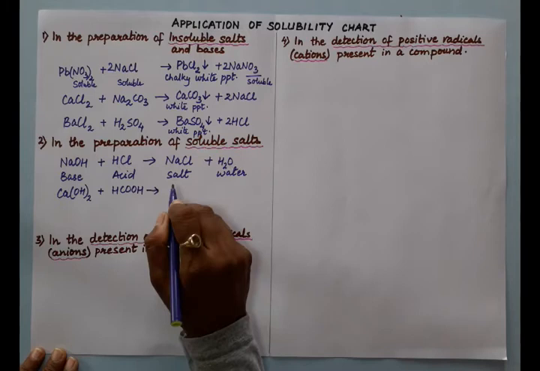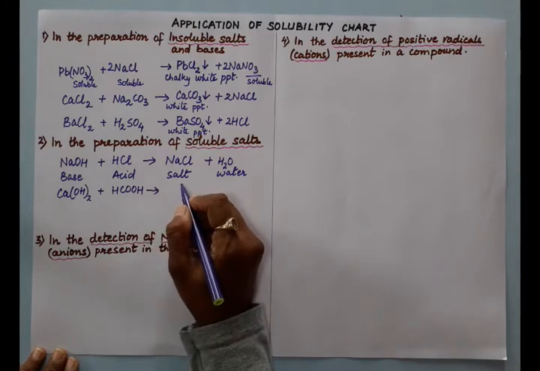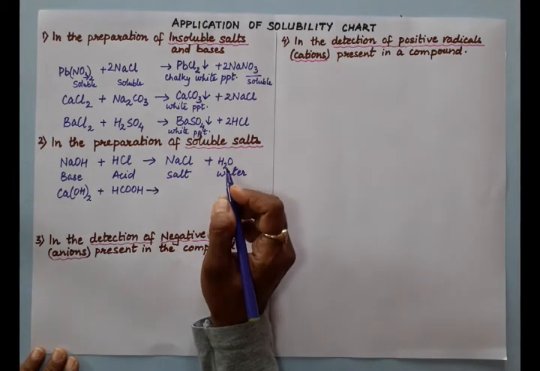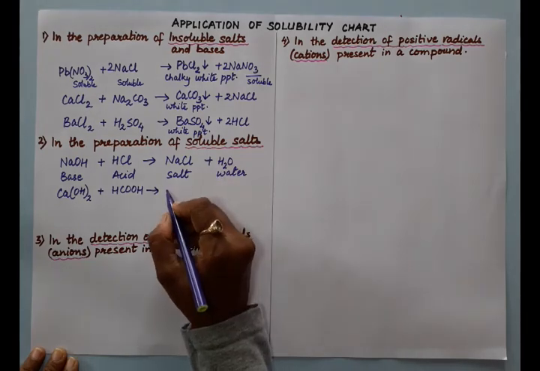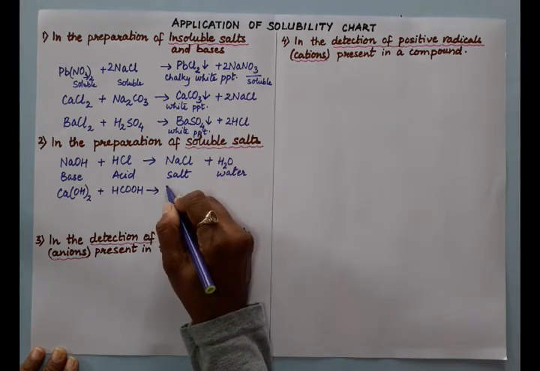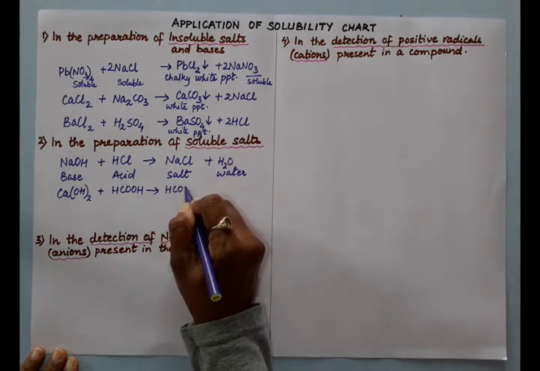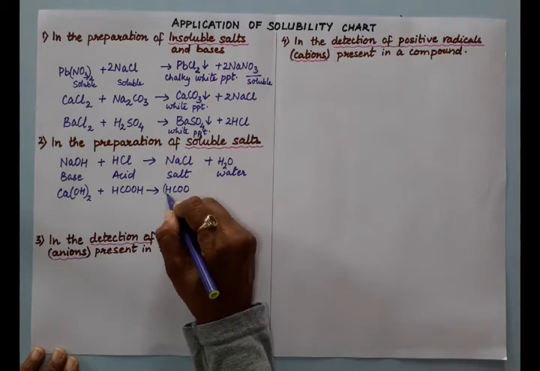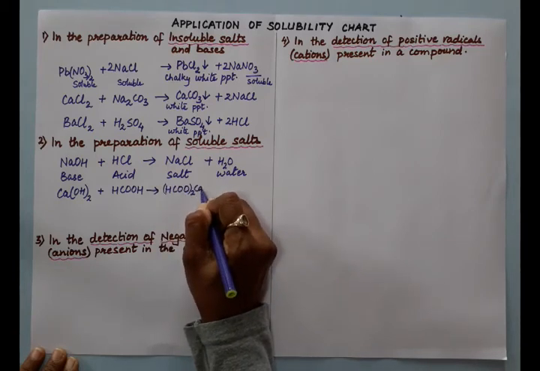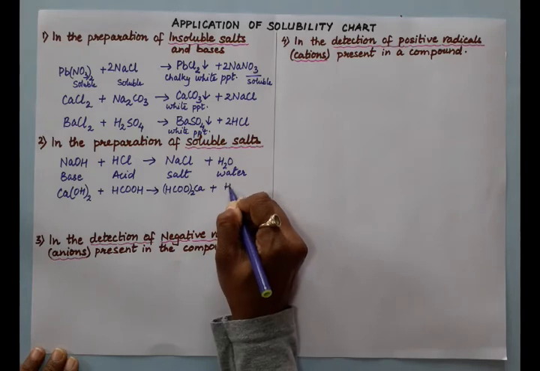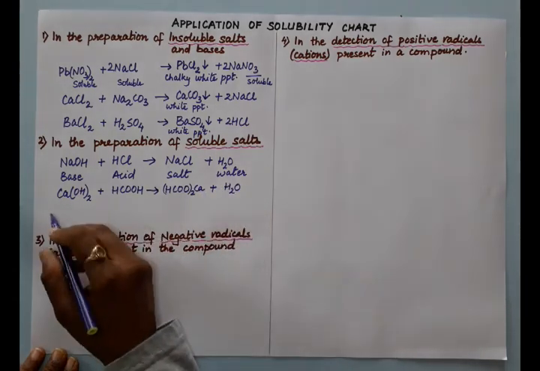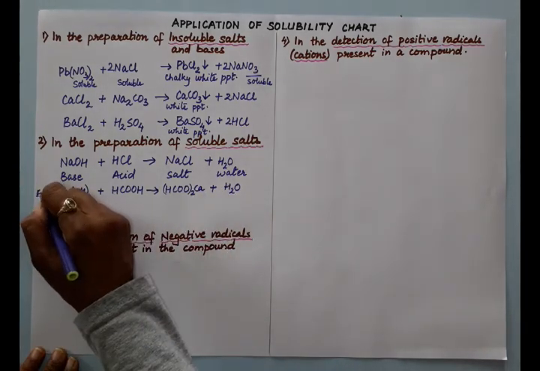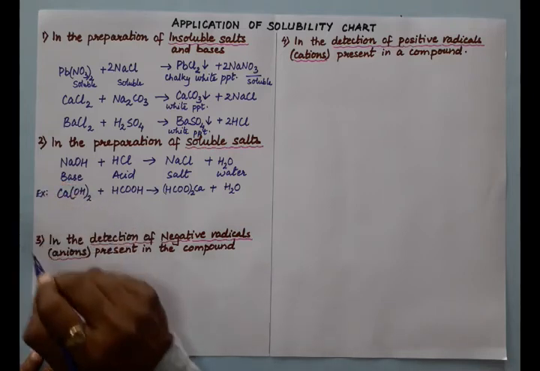So when this reacts, we get the corresponding salt plus water. So here you will get calcium formate. Calcium valency is 2, formate valency is 1, plus you get water. See, this reaction is just an example of neutralization reaction, right?